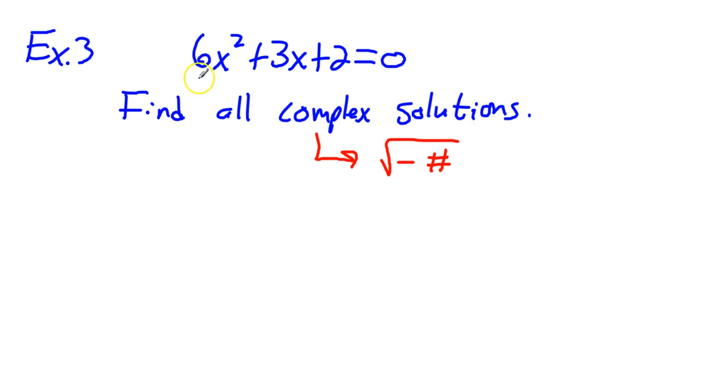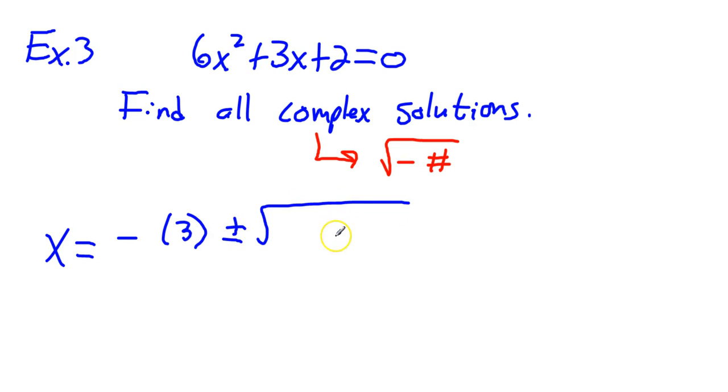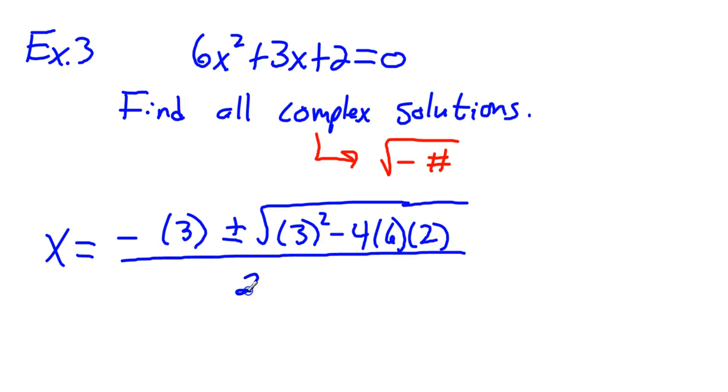Okay, so we've got our A value is 6, our B value is 3, our C value is 2. They're all positive, which makes it a little bit easier. So we've got negative 3 plus or minus the square root of 3 squared minus 4 times 6 times 2, and all that's over 2 times 6.